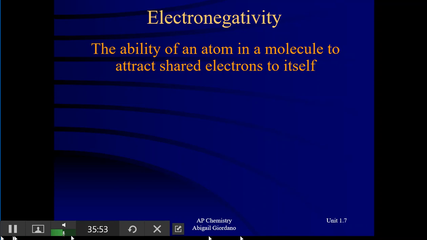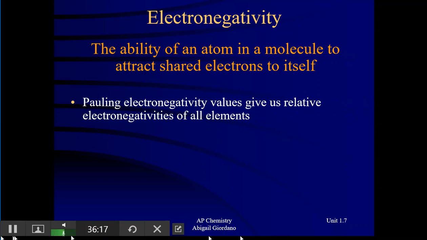Now, later on in the year, we're going to talk about bonding, in particular covalent bonding, where two atoms share electrons between them. But for now, make sure you know which elements will attract those shared electrons more than others, okay?